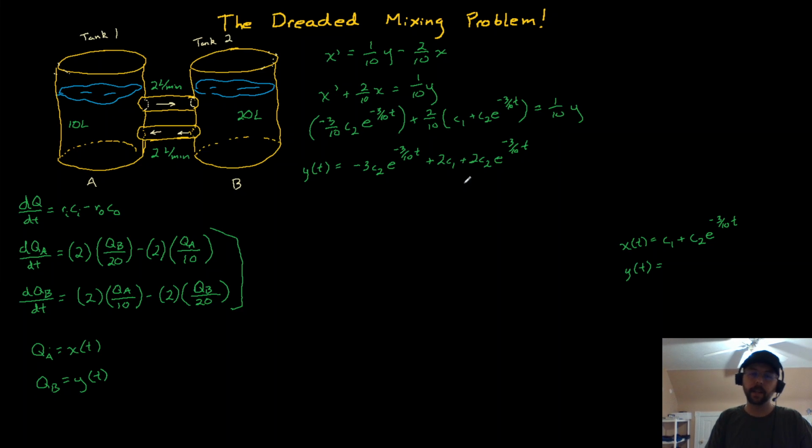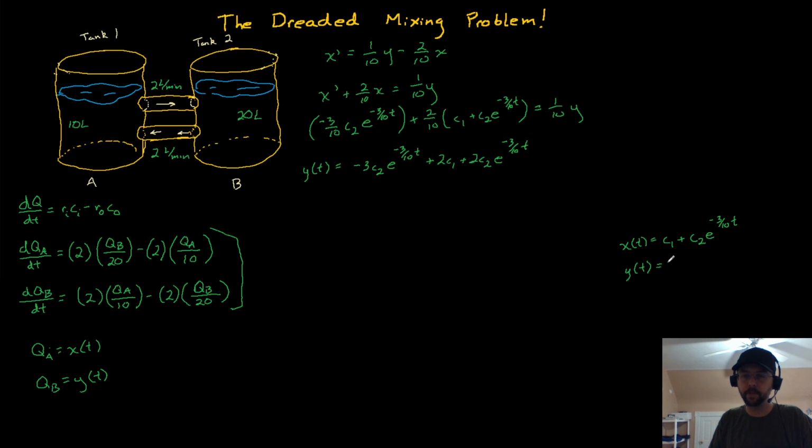And now we can combine these two c2 values because it's a number times c2 times e to the negative 3 over 10t, and this one's the same. So we can combine those to get negative c2, and I'll go ahead and write that down here.